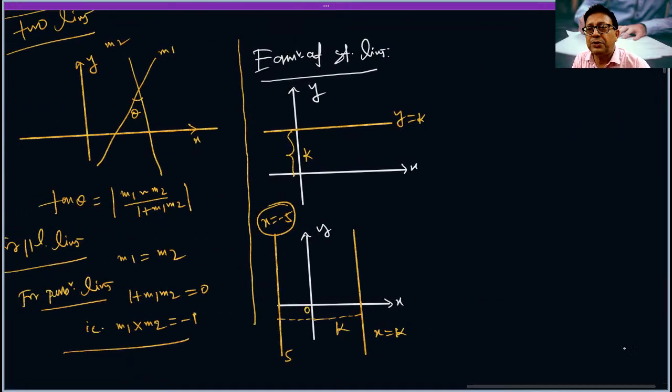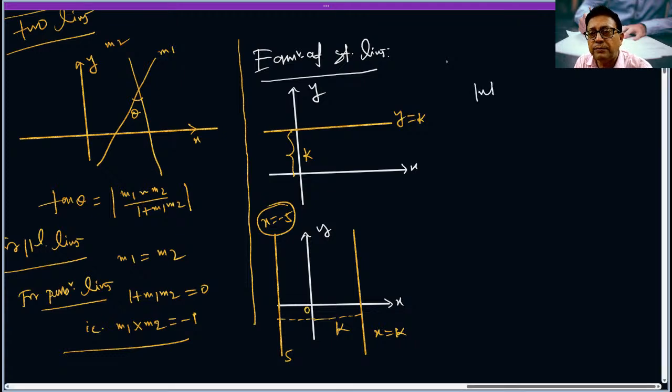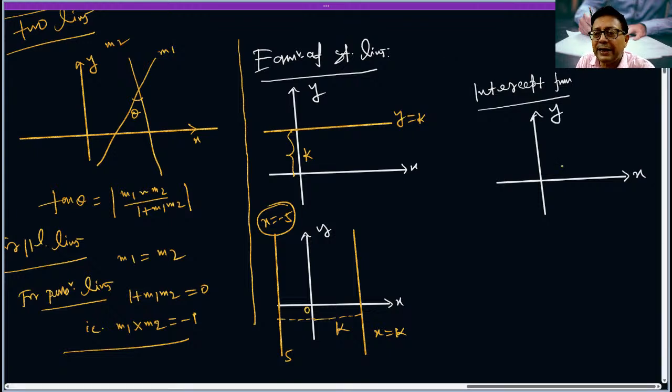Then we did equation of line in intercept form. In intercept form, line will make intercepts A and B unit from coordinate axis. This is A0, this one 0B.